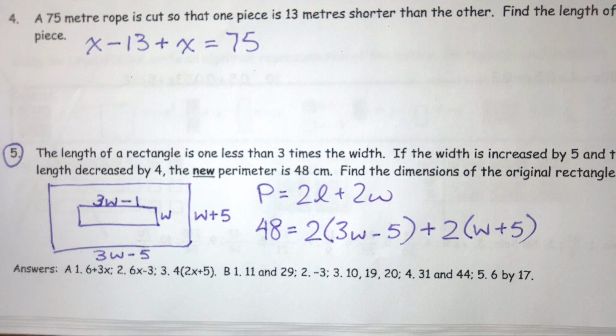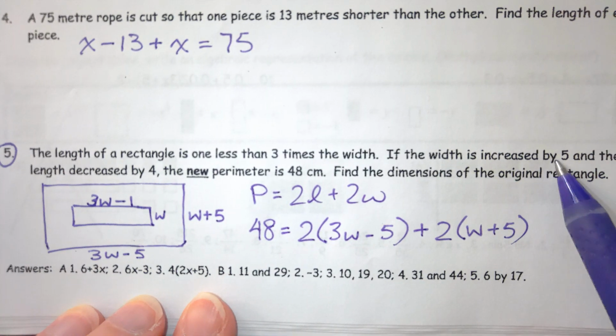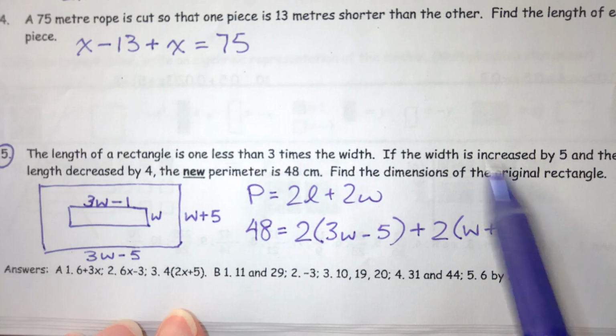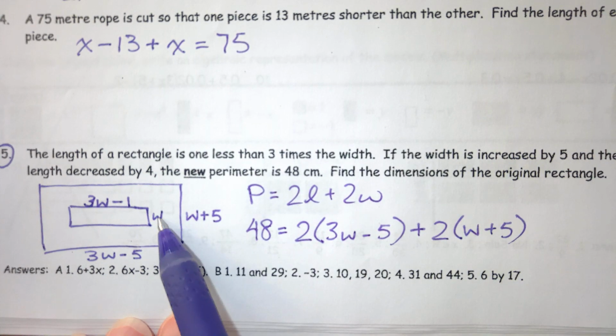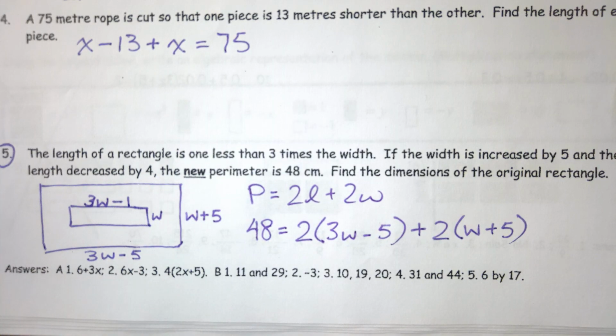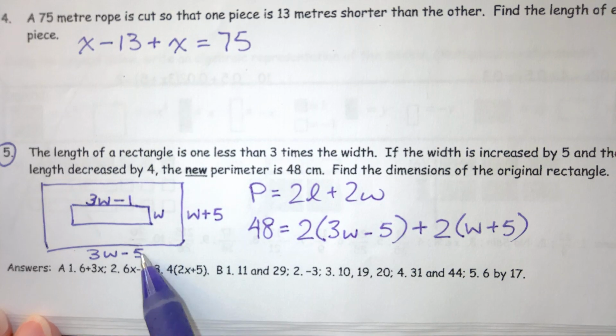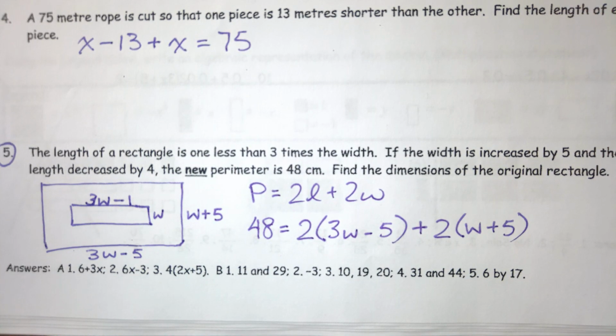Question? If the length is decreased by 5, shouldn't it be 3W minus 6? Decreased by 4, sorry. If the width is increased by 5, so W plus 5, and then I said it wrong. You're right. The length is decreased by 4, so that's why it's minus 5. Okay.